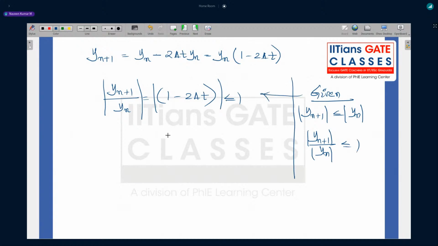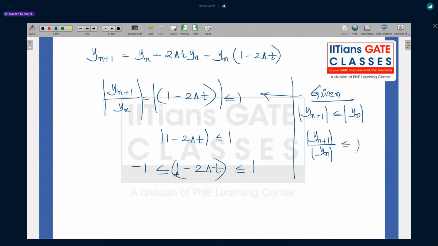So from here I can say the modulus of 1 minus 2 delta t should be less than or equal to 1. If you remove the modulus, this will be plus or minus. So minus 1 is less than or equal to the middle value, 1 minus 2 delta t, no modulus now, less than or equal to 1.